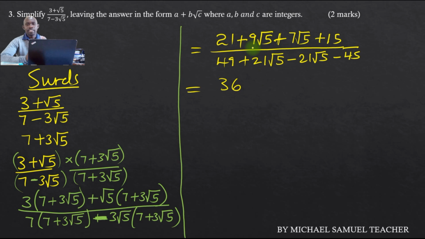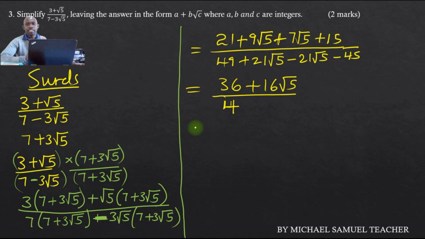Then the other one, you have 9 root 5 plus 7 root 5, so 9 plus 7 is 16, so plus 16 root 5, all over 49 minus 45, that is actually 4. And the other one, 21 root 5 minus 21 root 5, that is 0.